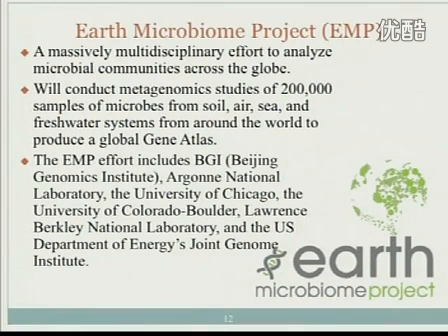So as I said, the EMP includes BGI because they will do the sequencing. Argonne National Lab, I think probably they will do the analysis of those data sets. So this is one of the newest, and probably will be the biggest one, because they target so many samples, and they will do both 16S and shotgun. I think they even worry about how they are going to release those data, because there will be a lot of data.